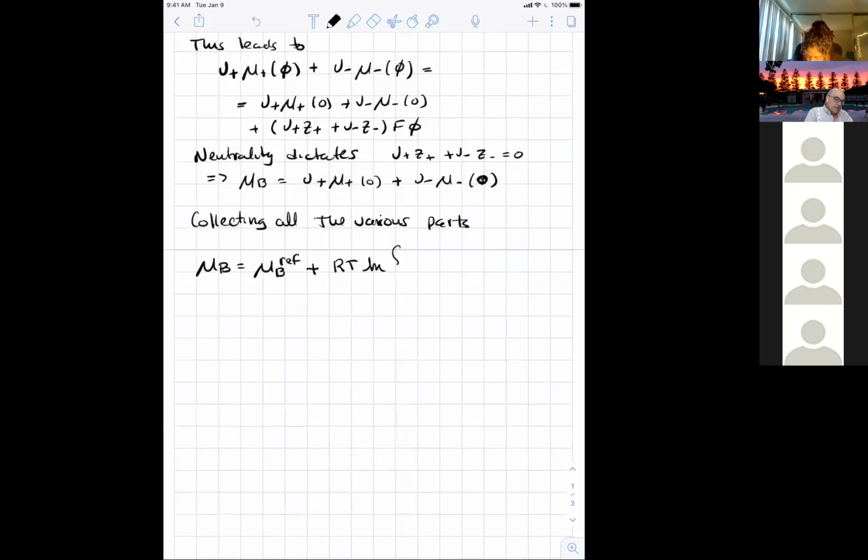And of course, the complexity is inside the log. We get the stoichiometry part. I'm going to bring this over here to have more room. We have the cation activity coefficient and the anion activity coefficient, weighted by the stoichiometry. And then we also have the concentration part.